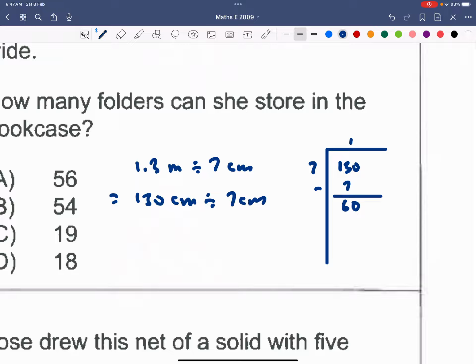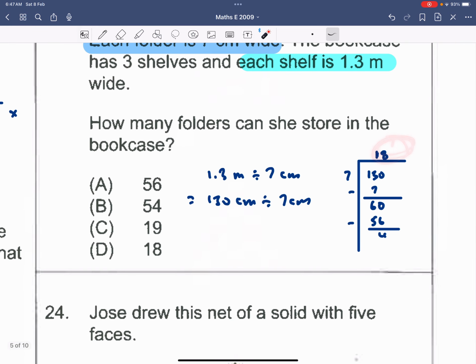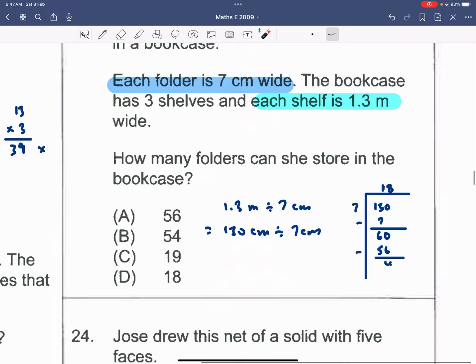How many times does 7 go into 60? Well, 8 sevens are 56, and then we have a remainder of 4. There it goes. So you know for a fact that you can definitely have 18 folders in each shelf.